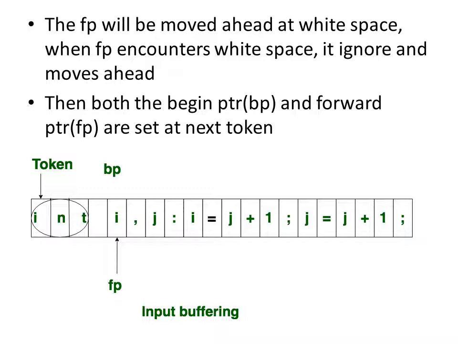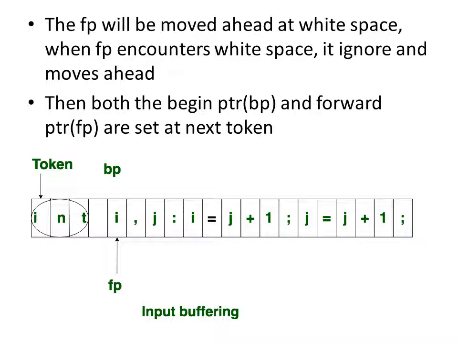When the forward pointer encounters the white space, it ignores it and moves ahead to the right. Then both the begin pointer BP and the forward pointer FP are set at the next token. See this diagram: the token int is identified, then the white space is identified, and after that the second token has to be identified.